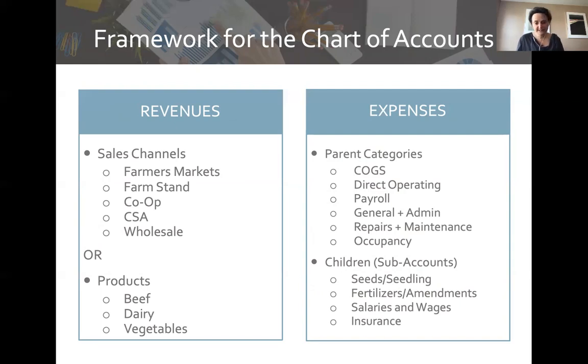And then all the more detailed accounts, whether it's seeds and seedlings, fertilizer, salaries, insurance, those will get nested underneath the parent categories. And that's going to ensure that when you run your reports, that like is categorized with like, so that you can see all of your direct operating expenses together, and you can see all of your payroll expenses together.